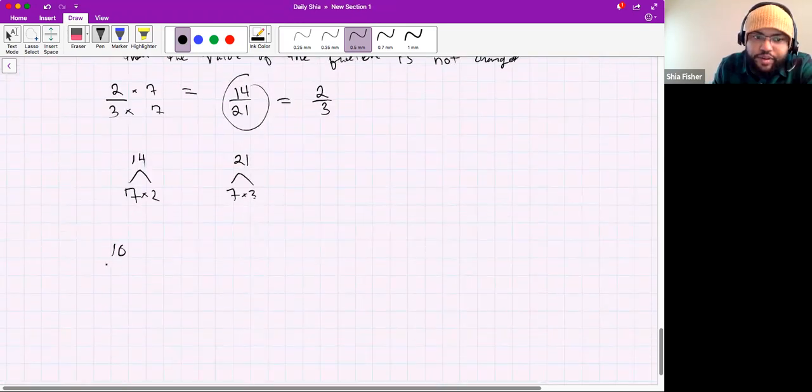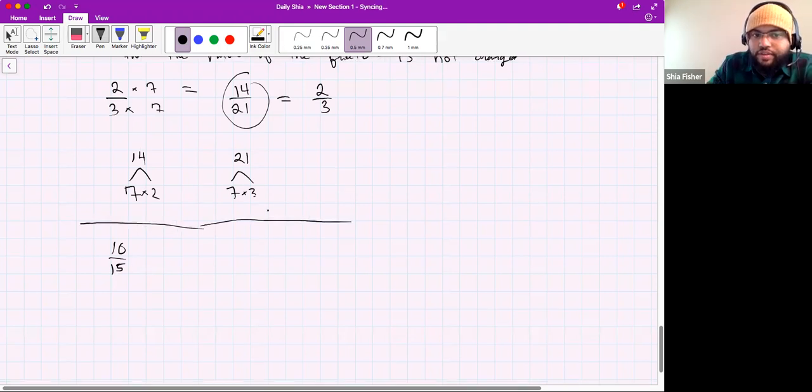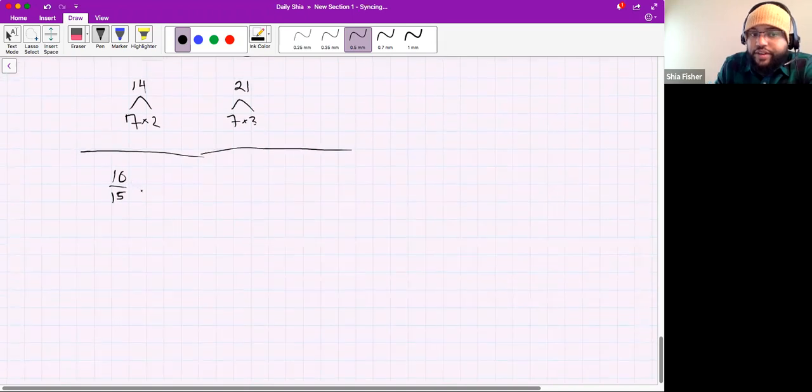Let's look at another number and try to understand. 10 over 15. This time we're starting with a proper fraction, and we want to reduce it to its lowest terms, meaning we want the numerator and the denominator to address their greatest common factor.